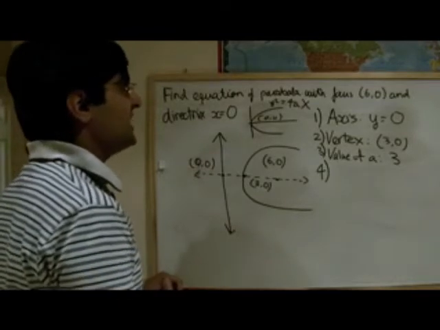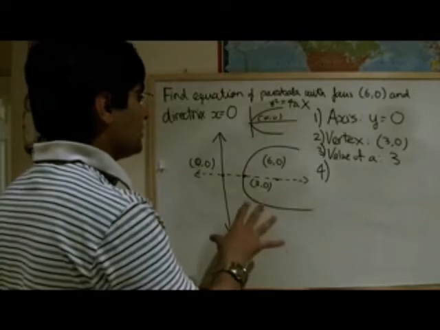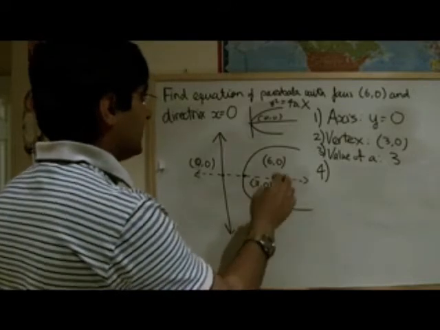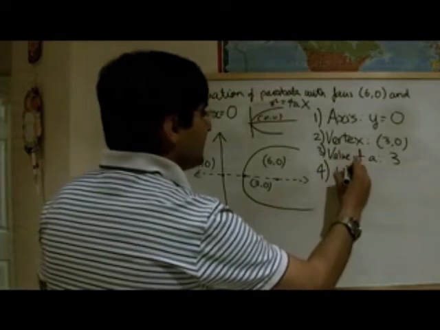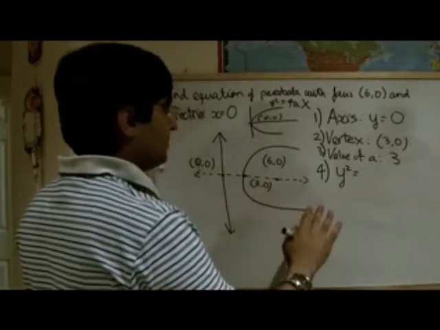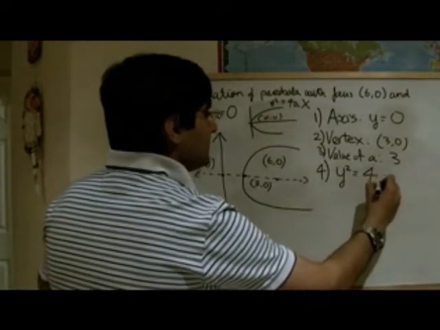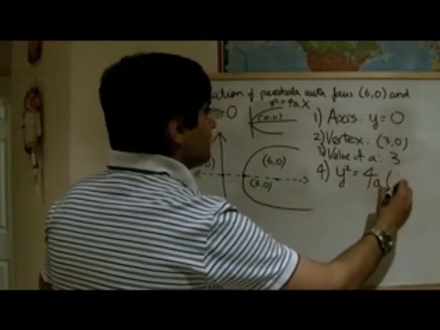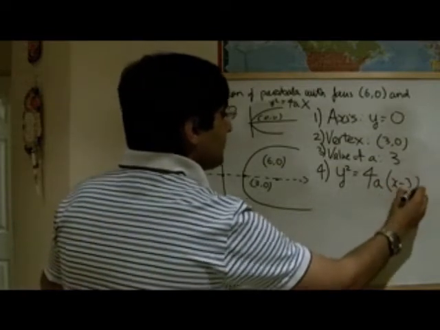And we know from GCSE and A-level that if you were to write the equation of this parabola in relation to the standard, you would leave the y side unaffected, because it hasn't been shifted up or down. So y squared is equal to 4a multiplied by (x minus 3).